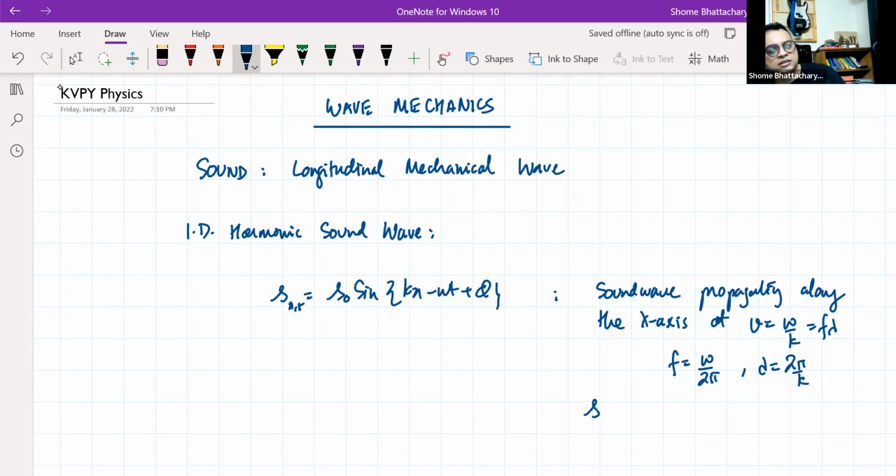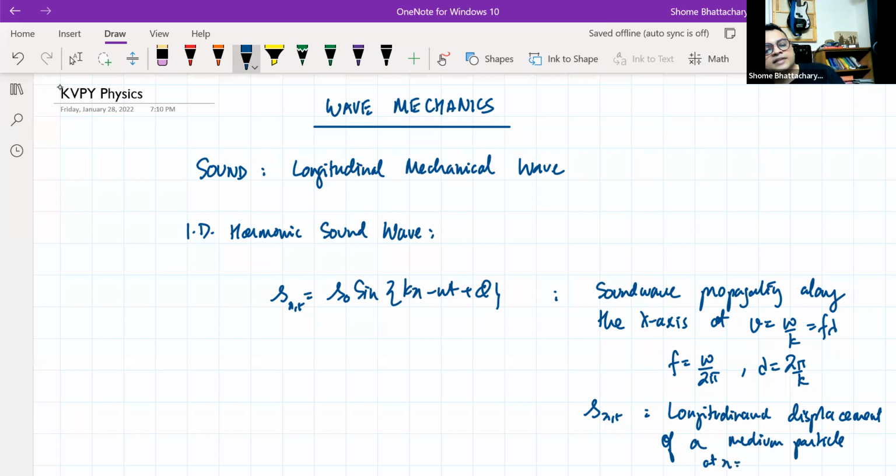And s represents the longitudinal displacement of a medium particle at x equal to x at time t equal to t.